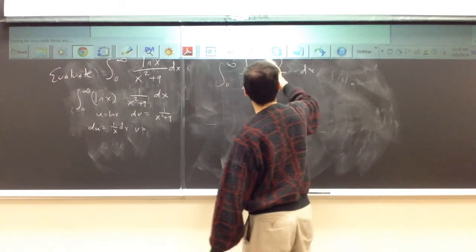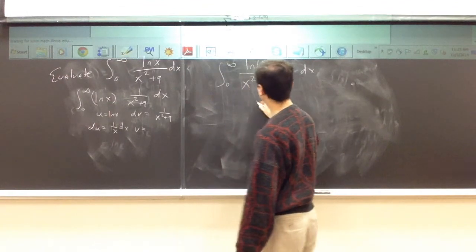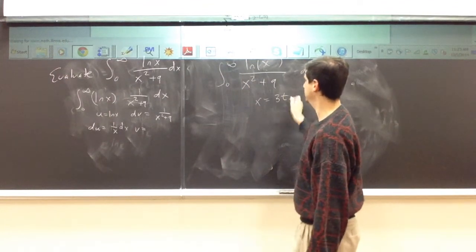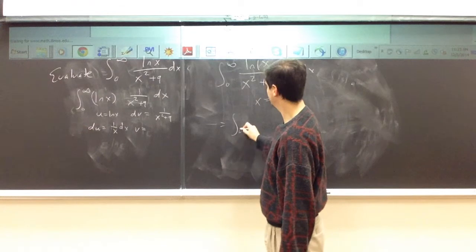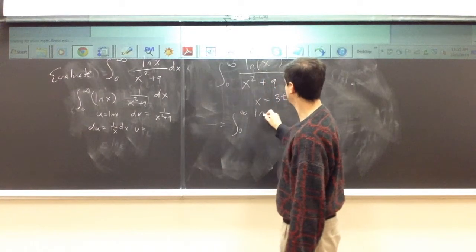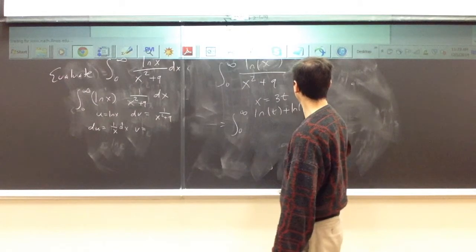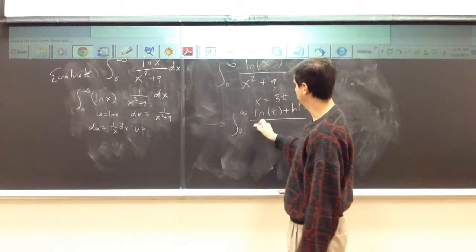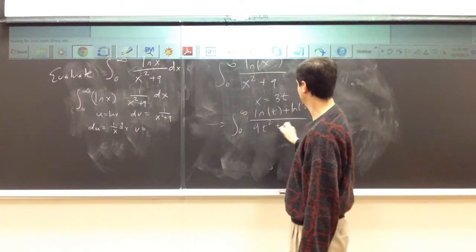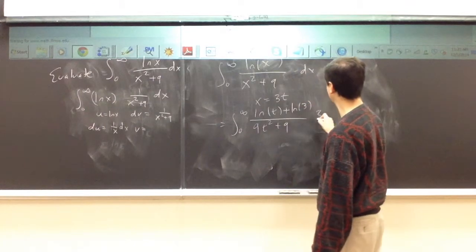So here, we'll do it like this. If we let x equal 3t, then this becomes the integral from 0 to infinity of the natural log of t plus the natural log of 3 over, now we'll get 9t squared plus 9, and dx becomes a 3 dt.